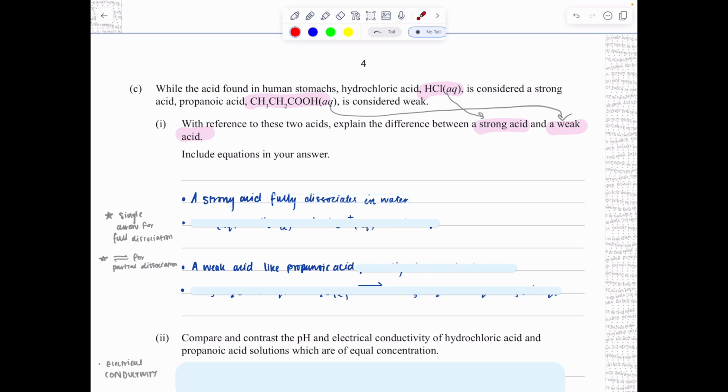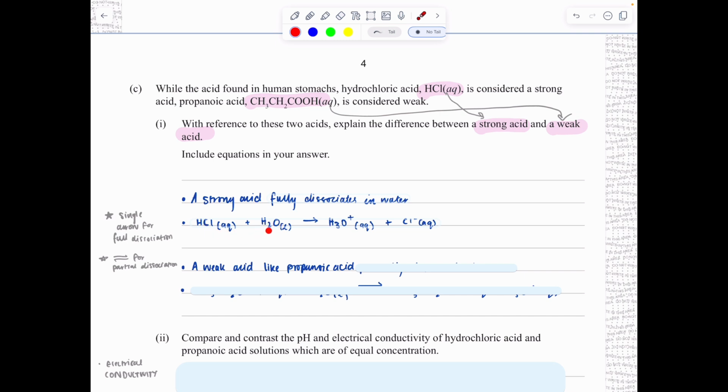So when writing up the reaction, we want to show HCl, which is the strong acid we're dealing with, reacting with water to dissociate. So we've got the HCl over here in water, and we use a single arrow because it's a strong acid. What it's done is it's donated its hydrogen to the water, because acids are hydrogen donators.